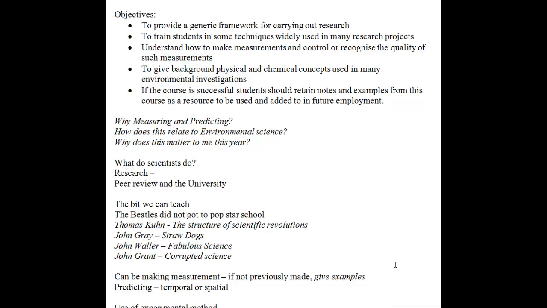And John Waller's book, which I can very strongly recommend, goes through some examples, Darwin and Eddington proving that Einstein's theory is right, and I think Fleming as well, and some very well-known bits of science.